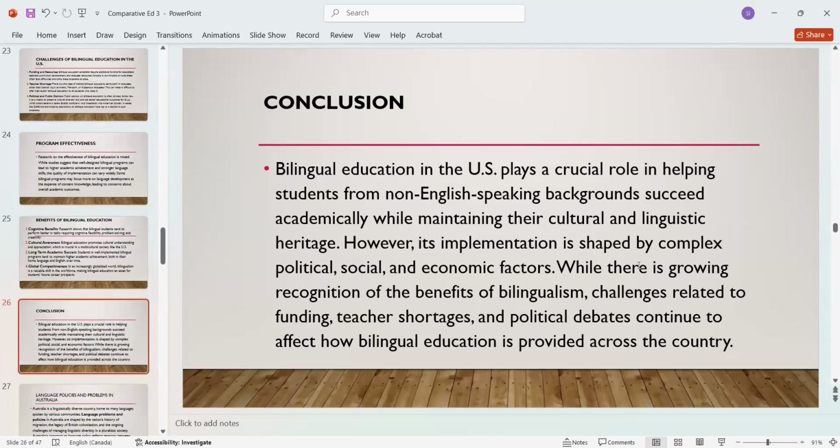So the conclusion is that bilingual education in the US plays a crucial role in helping students from non-English speaking backgrounds succeed academically while maintaining their cultural and linguistic heritage. Right? So the government is helping the migrants, right? They are coming from different countries and they are speaking different languages, but all are together in one class.